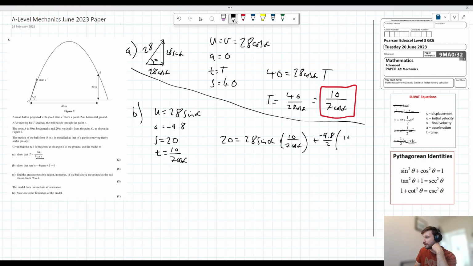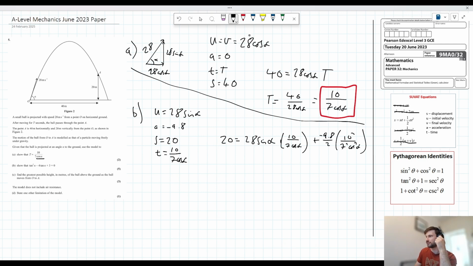So woof, 10 squared over 7 squared cos squared alpha. Okay. Evidently, this needs some simplifying, doesn't it?